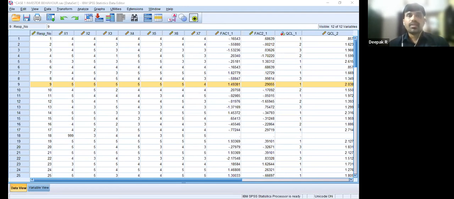So what I would recommend is, whenever you go for any research or write research papers, do not just go for frequencies or descriptive statistics. What we want is more insights with respect to the variables that we have considered.